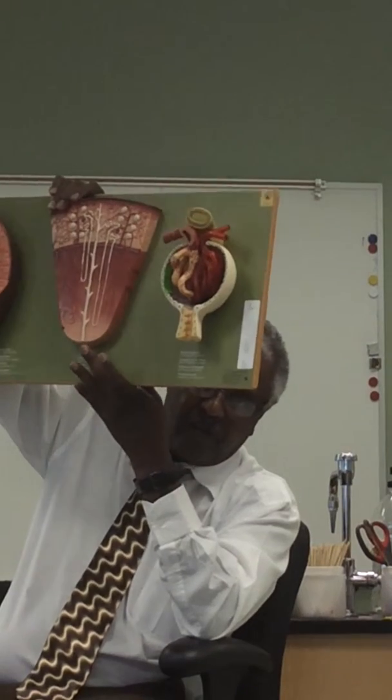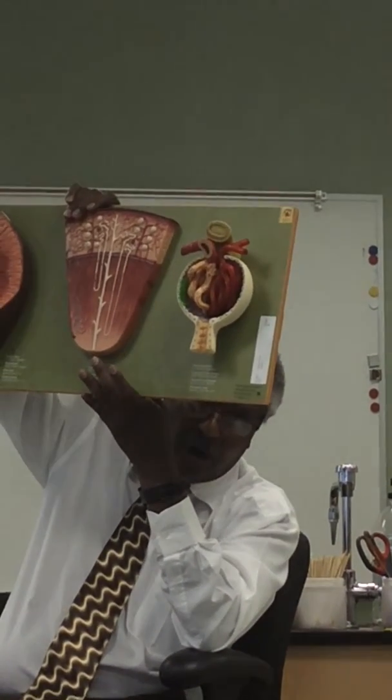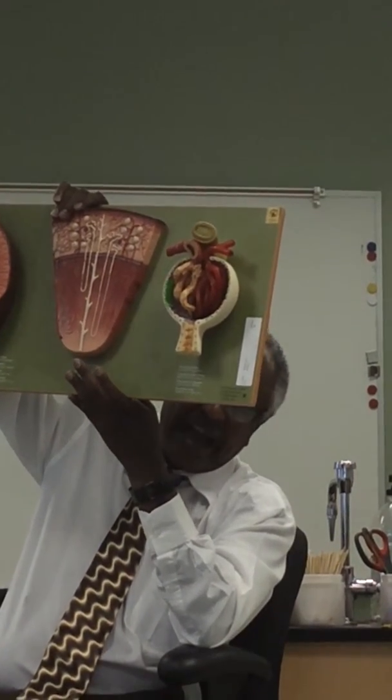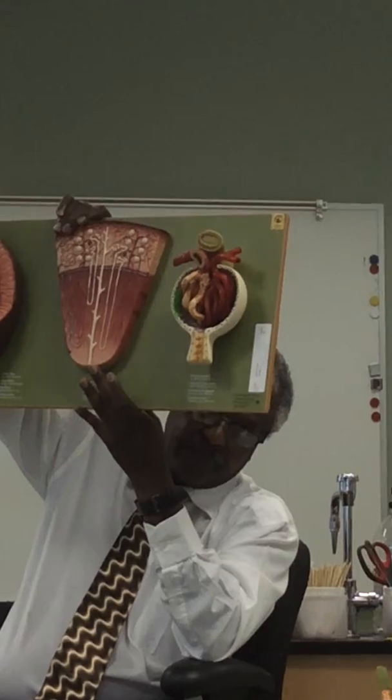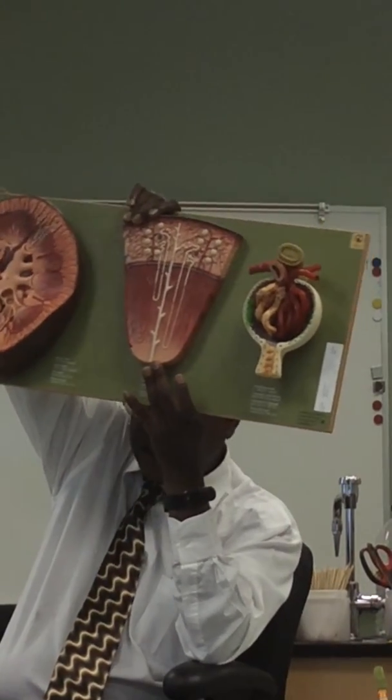If the question said identify the layer, that is called the parietal layer in the old book. It is called the outer layer in the new book of the Bowman capsule. Okay? You see where the label is? If the question said identify the layer, in the old book it is called the parietal layer of the Bowman capsule.